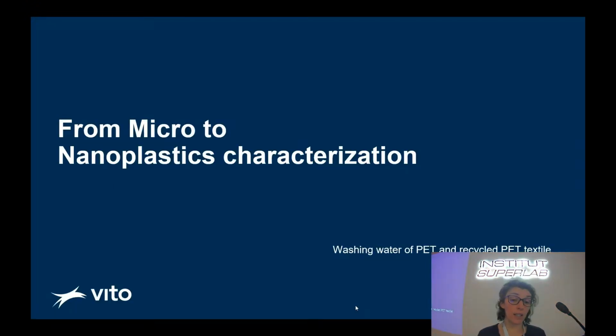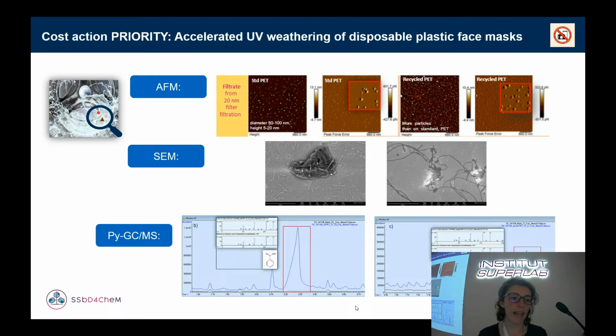What else? In the recent project, we are trying to test new materials, especially the textiles. So we are trying to compare the PET textile with the recycled PET textile. This has been done within the SSbD for HEM project. There we are using the ISO standard washing procedure, which can be done in one of the institutes that we have collaboration with.